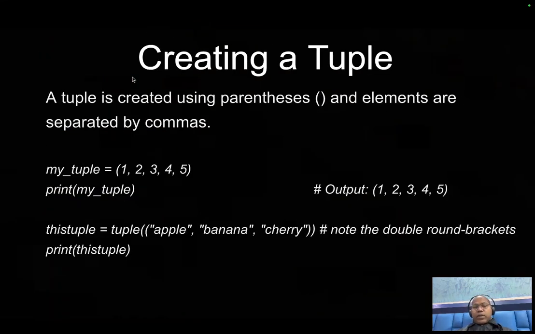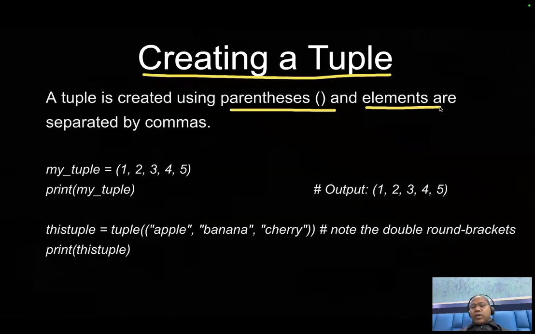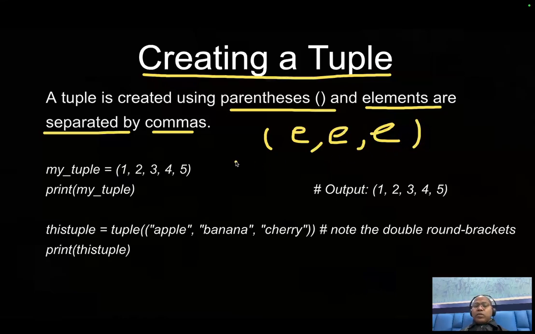So the syntax is very simple. How do we create tuples? Just use parentheses, and the elements are separated by commas. You use the parentheses and your element 1, comma, element 2, comma, element 3. In this way you can use this syntax.